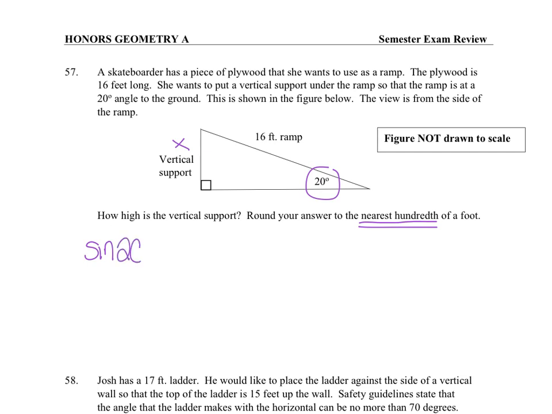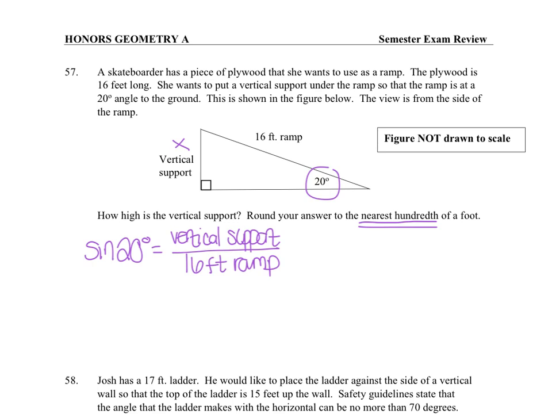And sine of 20 degrees is going to equal the opposite, which is the vertical support, over the 16-foot ramp. So this is my opposite side, vertical support, over my hypotenuse, which is my ramp.